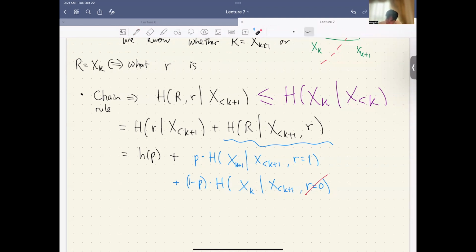And if you look at this term, it turns out to look a little bit different. Also, we should drop this after revealing it. What I want to say is, give me a second.